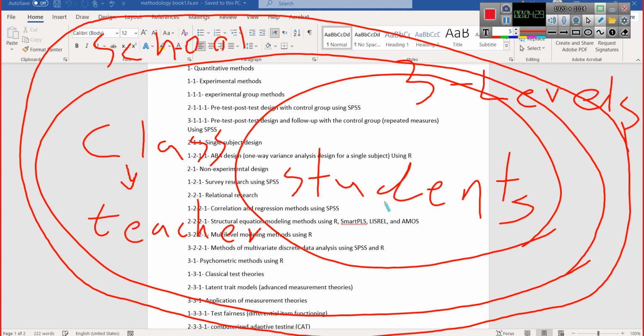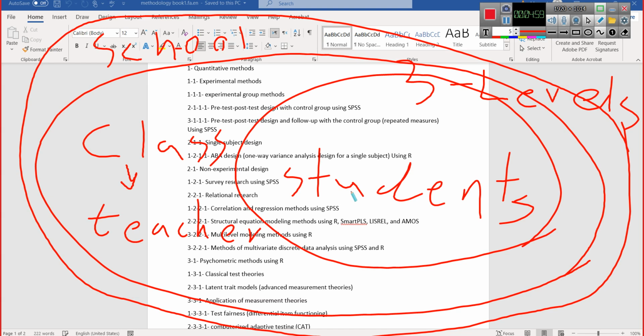Or in the student variables, besides the student variables, there are some variables about students' parents, like the TIMSS and PIRLS data. You can see that there are some questionnaires for parents.